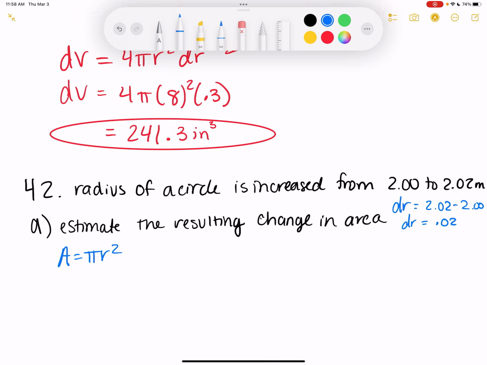So take the derivative of area with respect to radius, and you get what? 2 pi r dr. Okay, now we're going to plug it in. So 2 pi r, so we're using the initial r value when we're plugging it in. So that's times 2 times dr is 0.02.